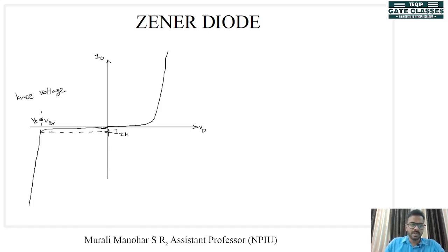So once the voltage reaches Vz and the current reaches IZK, the Zener breaks down, and what happens? The current suddenly increases, and Zener will act like a forward bias diode. Not exactly a forward bias diode, but it will have a high current.